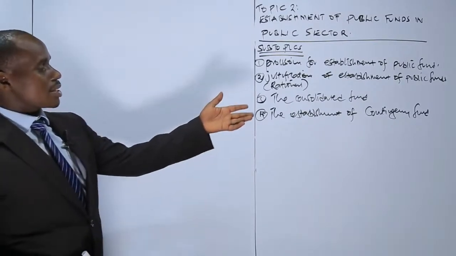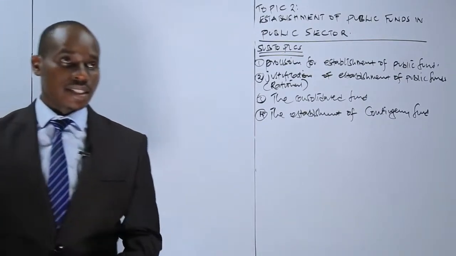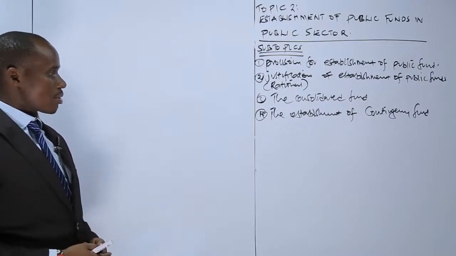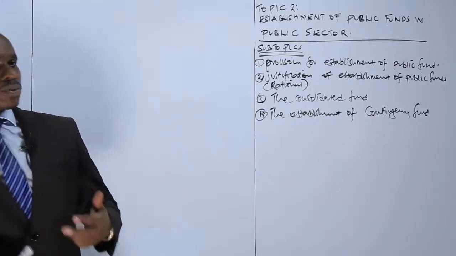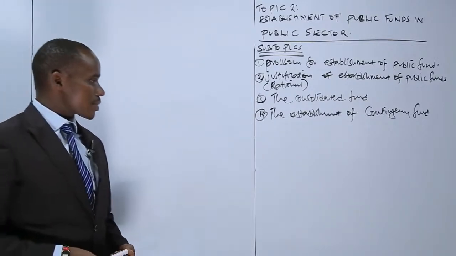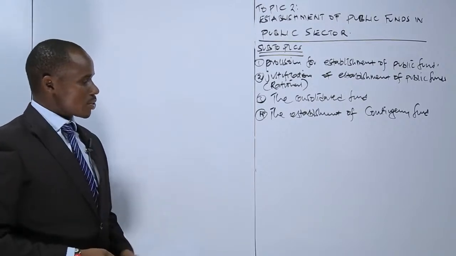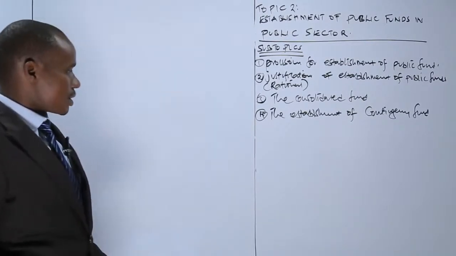These are simply funds that are created to cater for emergencies. Remember, in a country, an accident can occur, or something can crop up which was not planned, or which was not well contemplated by the government, and therefore sometimes we create a contingency fund to cater for the same. So again, you will see more about contingency funds.